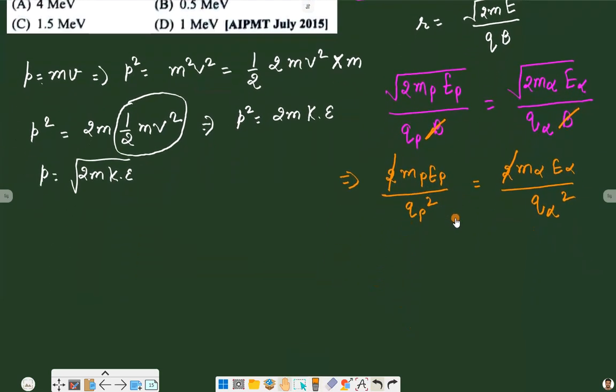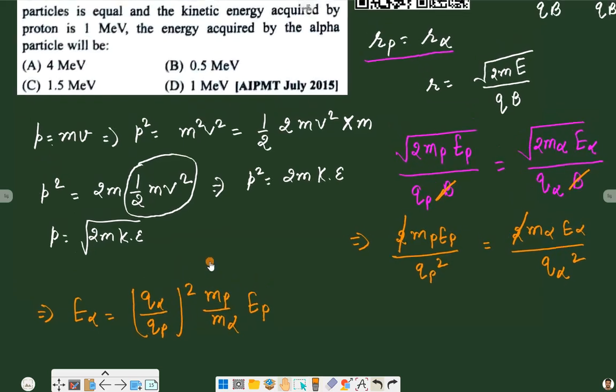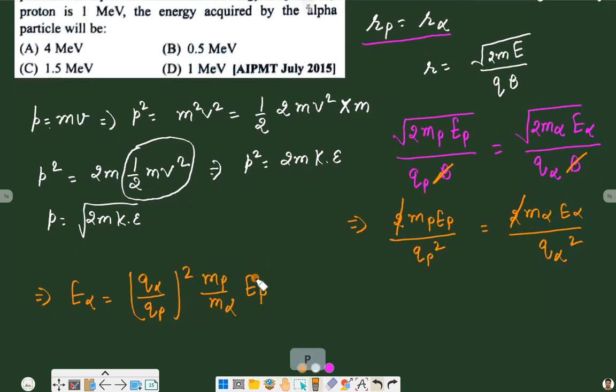So from this we can write E alpha will be Q alpha by Qp whole square, with Mp by M alpha, into energy of the proton, and energy of the proton is 1 MeV.